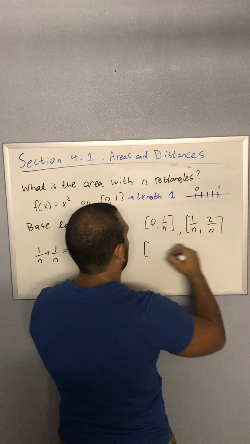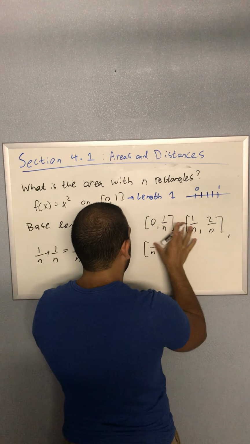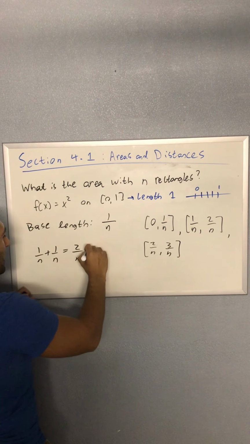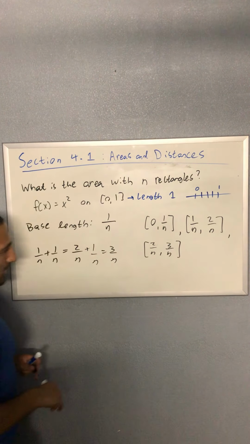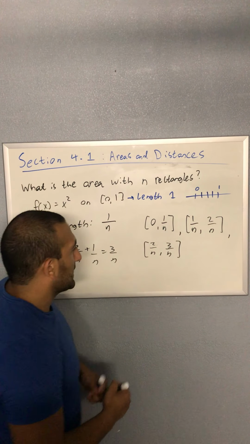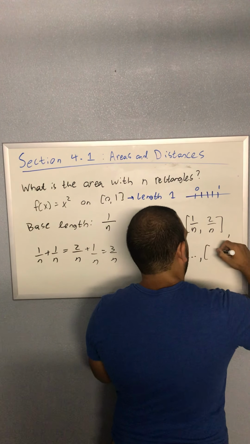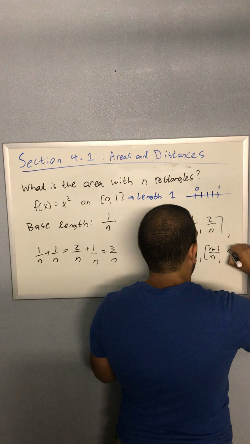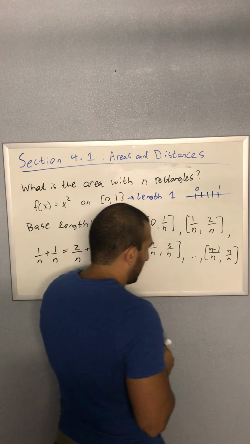And then the next interval is going to be 2/n to 3/n, right? If you take 2/n, add 1/n, you get 3/n. So we're going to continue this process all the way until we get to (n minus 1)/n and n/n, which is basically 1.